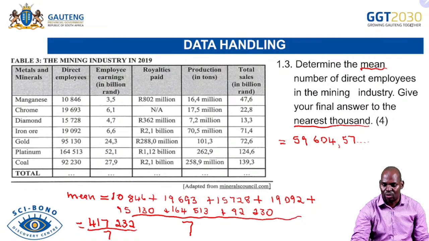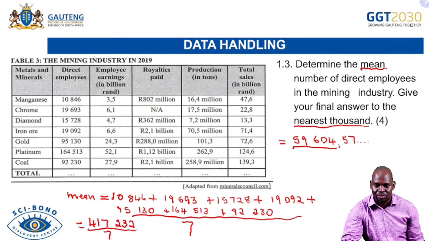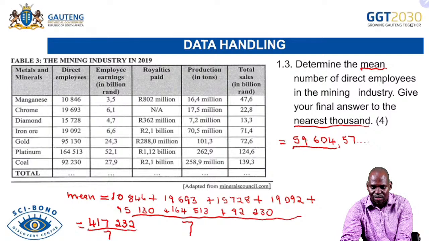Now I have to check. Have I answered the whole question? Yes, I have determined the mean, but there's an extra instruction there. Give your final answer to the nearest 1,000. So this value in 1,000 is 59,000. So we need to round it to the nearest 1,000. 59,604, we know that it's between 59,000 and 60,000 in terms of thousand.